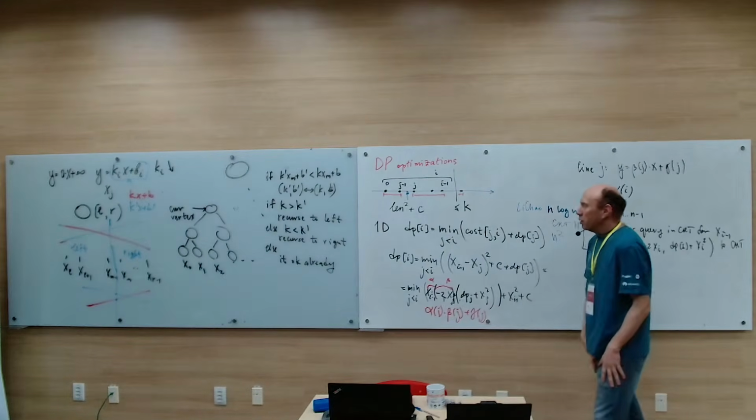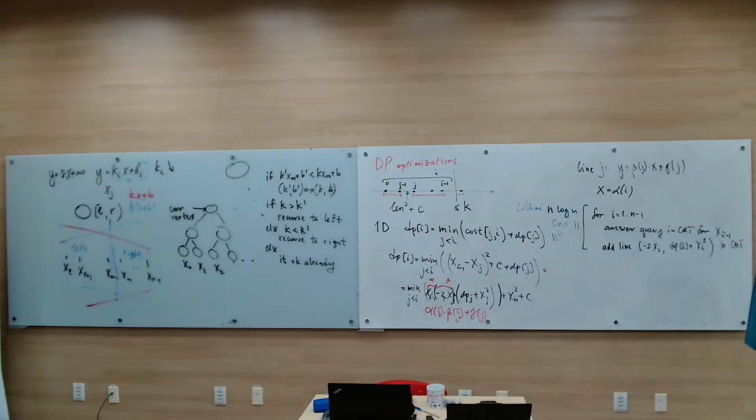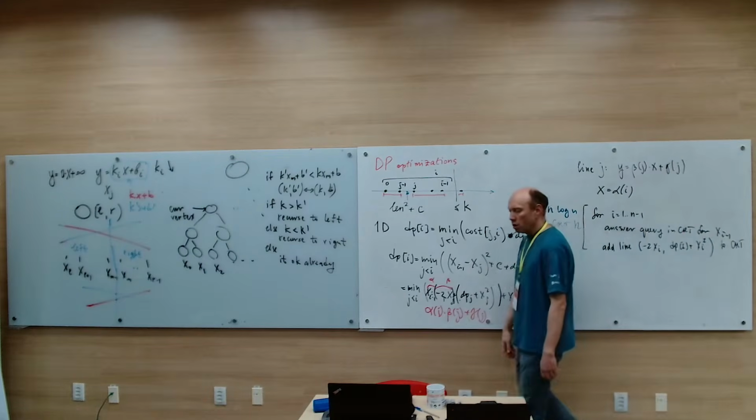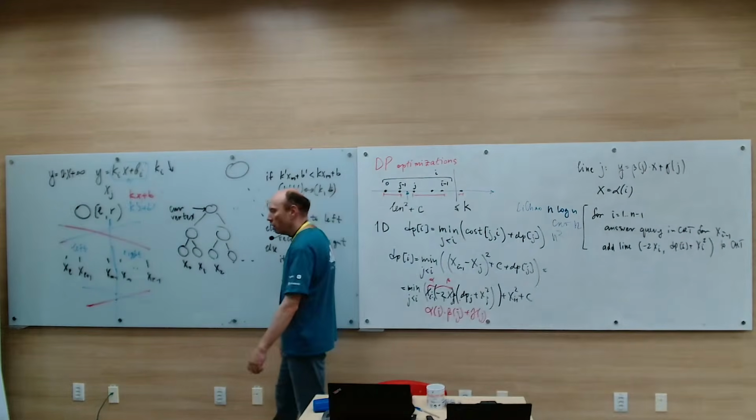Okay, so when choosing between CHT and Li Chao, if you have non-monotonic slopes K, you should always use Li Chao or some other algorithm because CHT doesn't work with that. If it's monotonic and you are tight on time, then you should probably use CHT because it's linear.